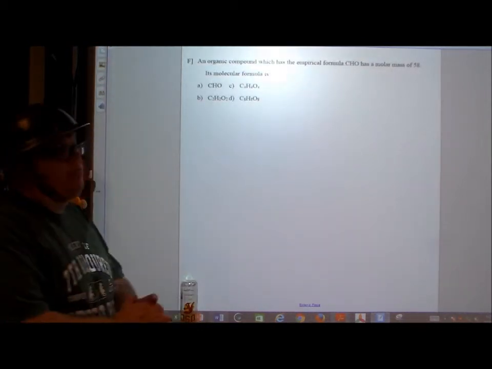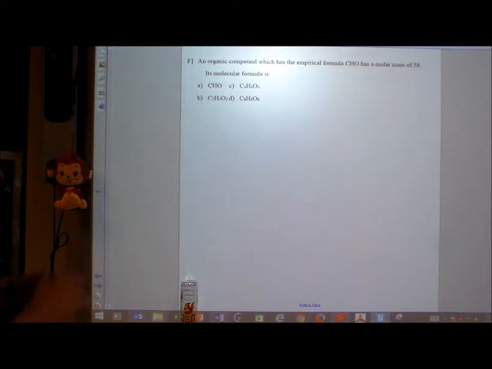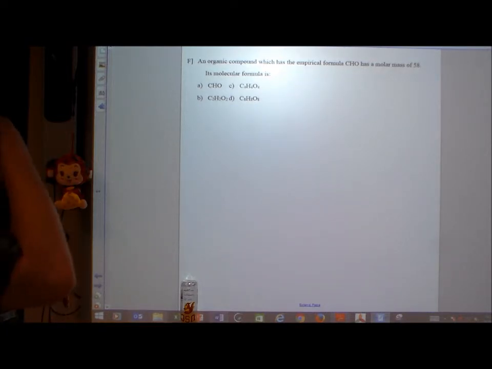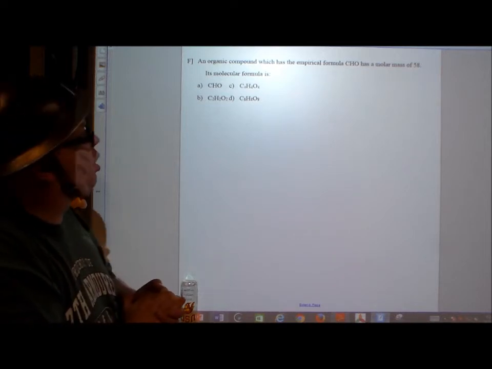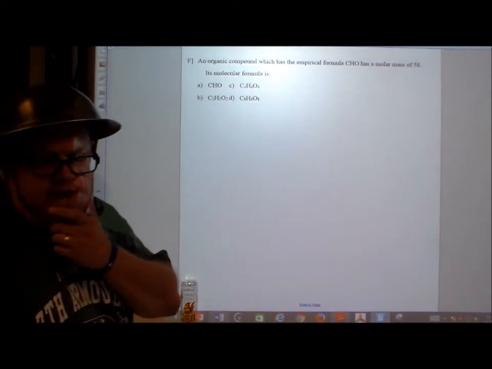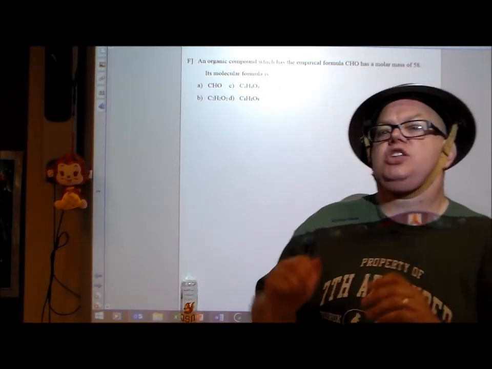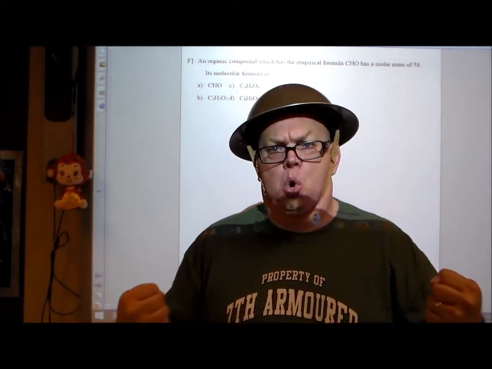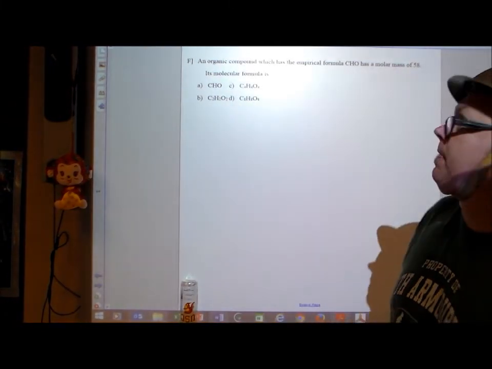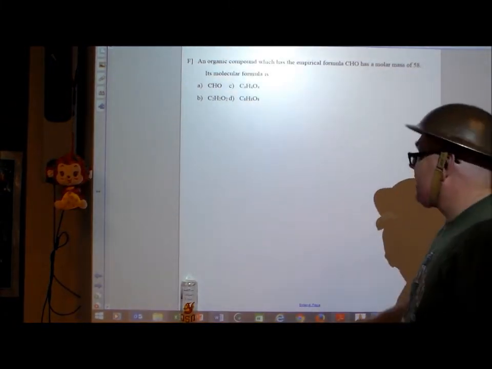Okay. This one is another multiple choice question. It's an organic compound which has the formula CHO and has a molar mass of 58. So we know the empirical formula is CHO. What does that mean?